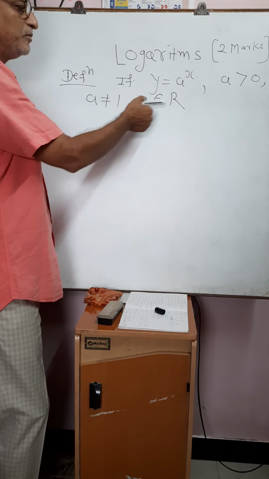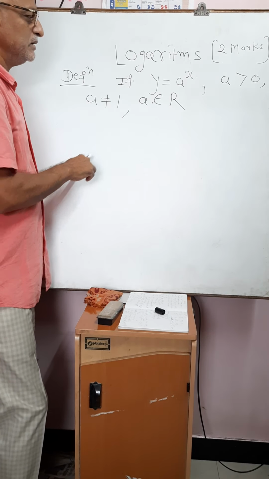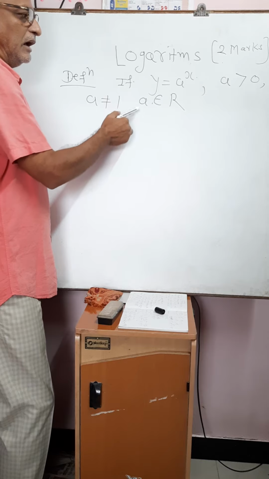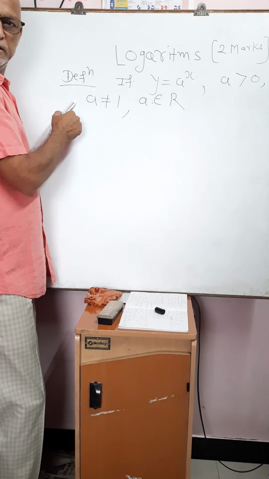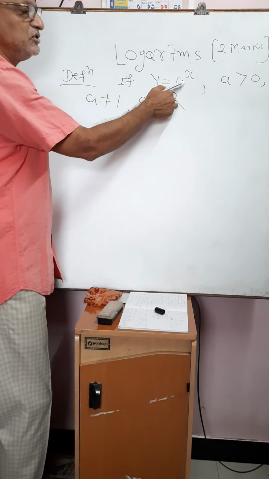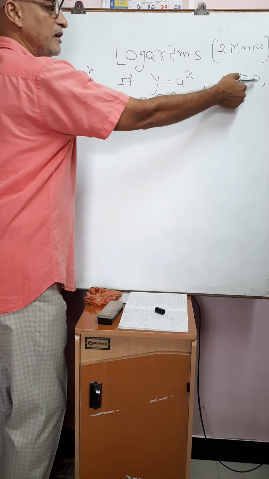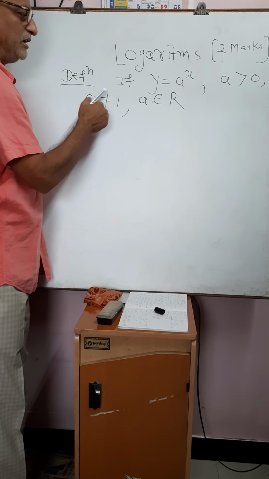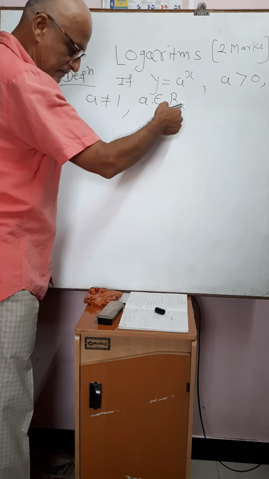We know what the set of real numbers is: from minus infinity to infinity, including all decimals. Coming back to our definition, if y is equals to a raised to x, the condition is that a should be greater than 0 and a should not be equals to 1, and a must be a real number.